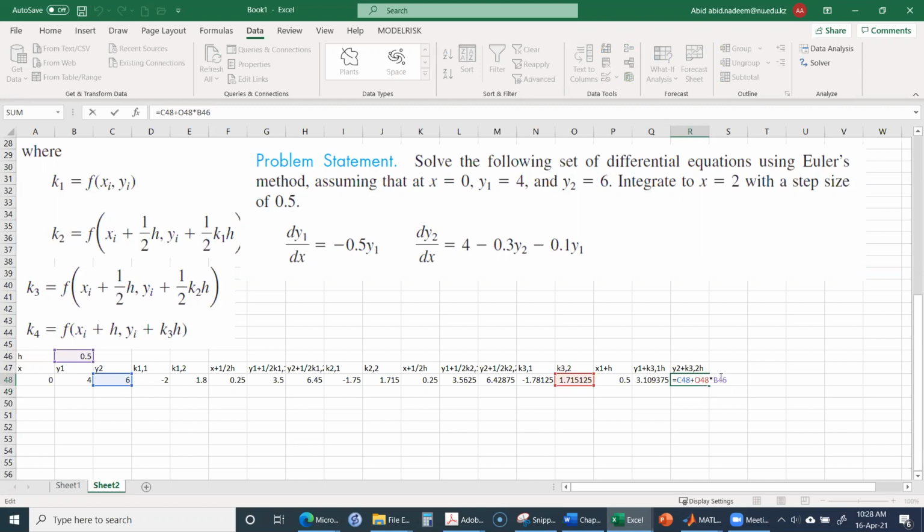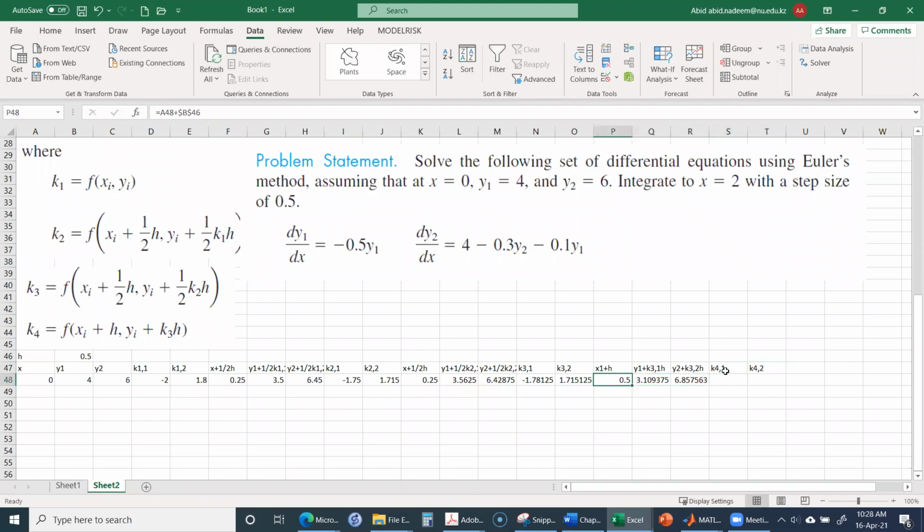Yeah, and then this one should be 4. Okay, so now we can find K4 of the first equation and K4 of the second equation.